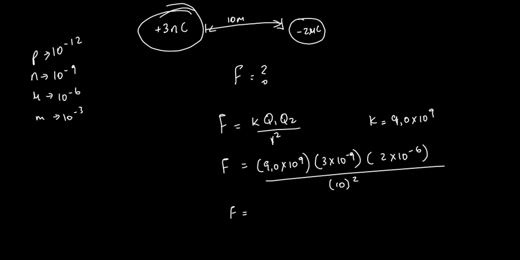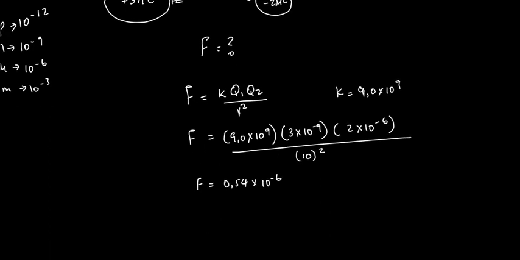So you can do that, right? 9 times 3 is 27, times 2 is 54. 54 divided by 100 is 0.54 multiplied by 10 to the power negative 6, which means this is 5.4 multiplied by 10 to the power negative 7 coulombs.